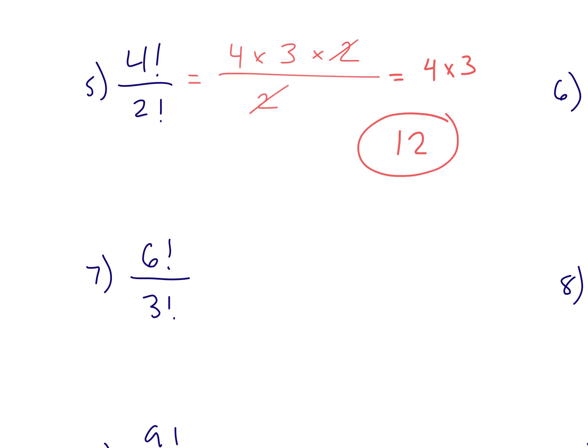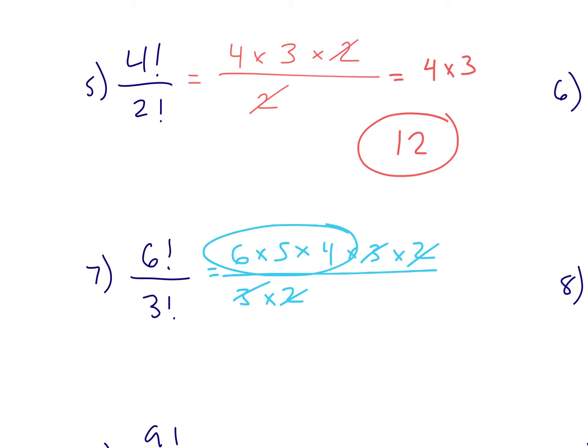All right, let's look at number 7. So I have 6 times 5 times 4 times 3 times 2 on the top and 3 times 2 on the bottom. Does anything cancel? The 3 and the 2. So then I'm just left with 6 times 5 times 4.